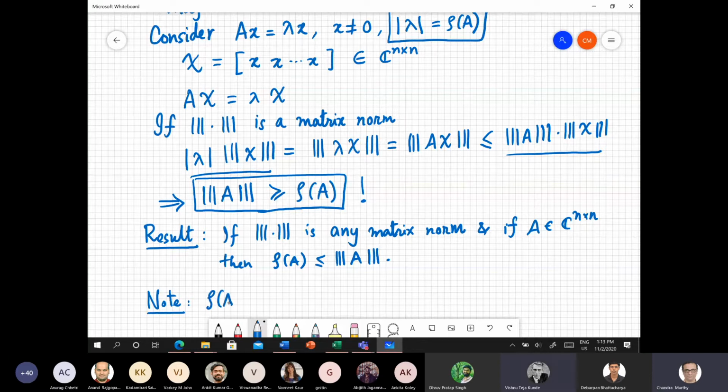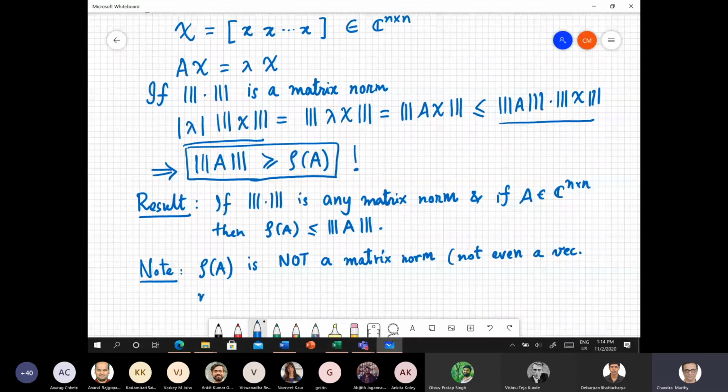Okay, so rho of A is not a matrix norm. In fact, it is not even a vector norm on C to the n squared. You can show this, it's not difficult.